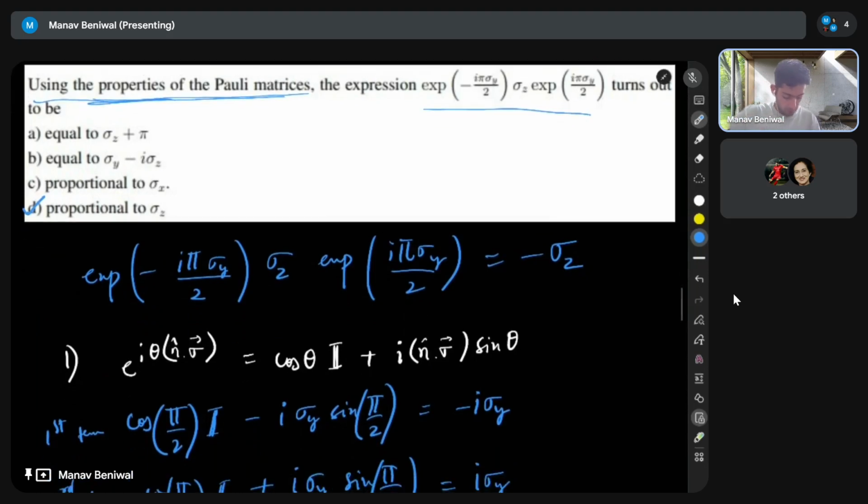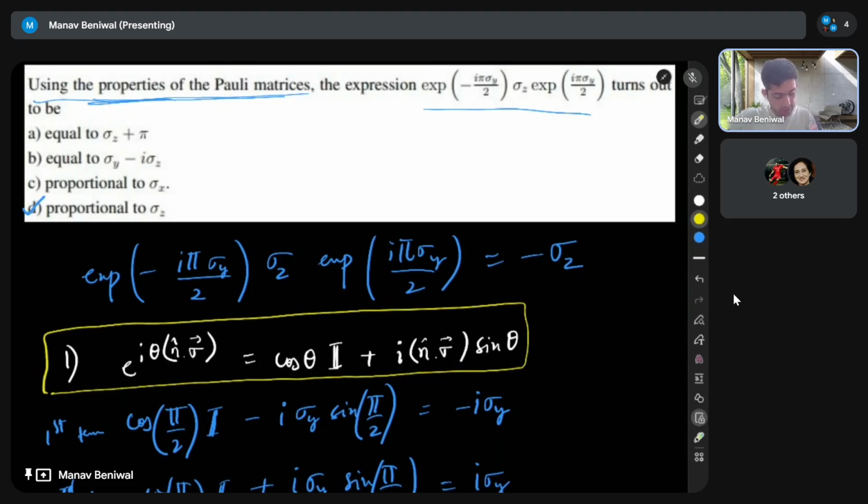Now, have you seen this identity before for the Pauli spin matrices? If not, then if time permits, we can solve this in the end. If you have seen this and you know this, then we can skip that part.